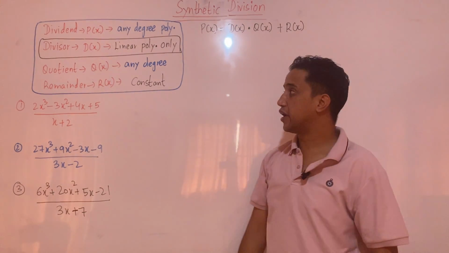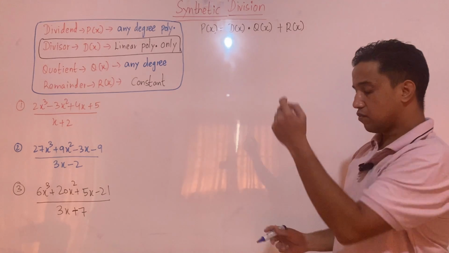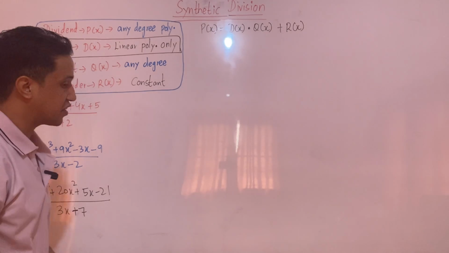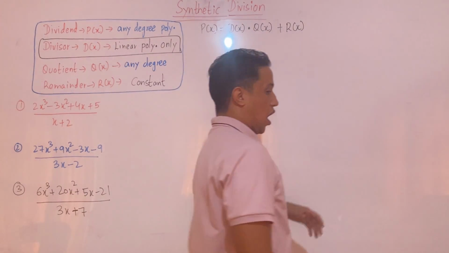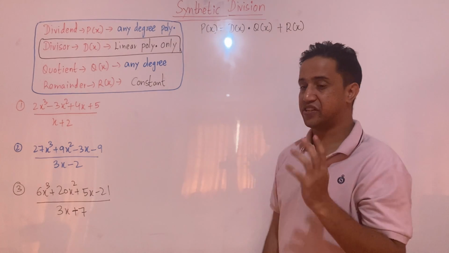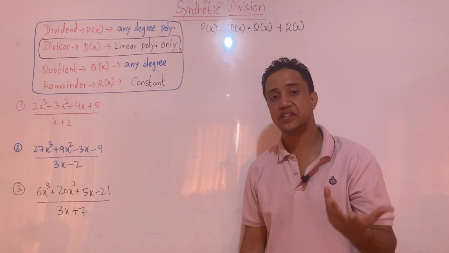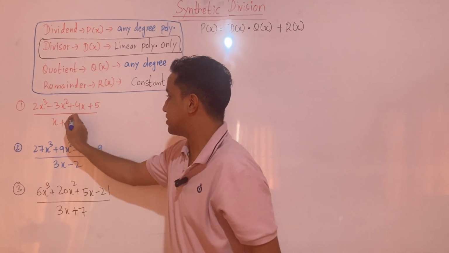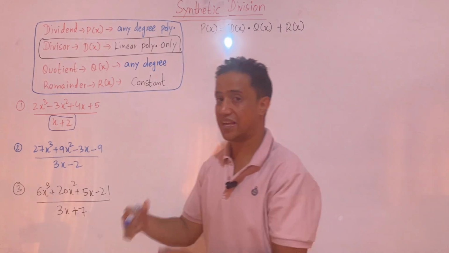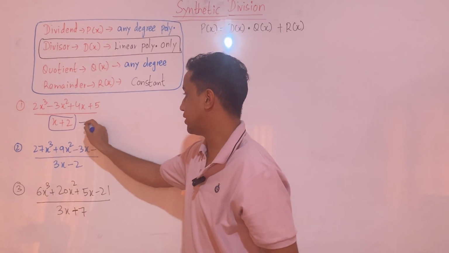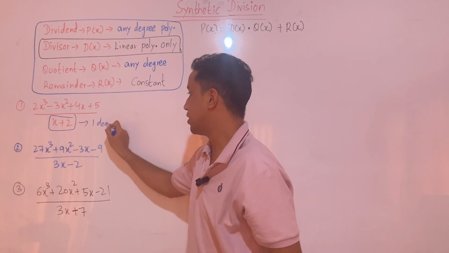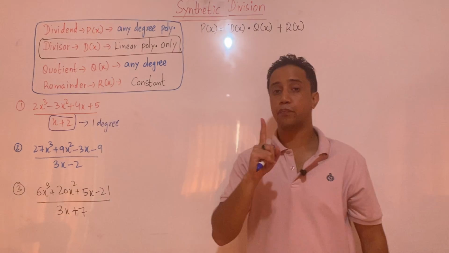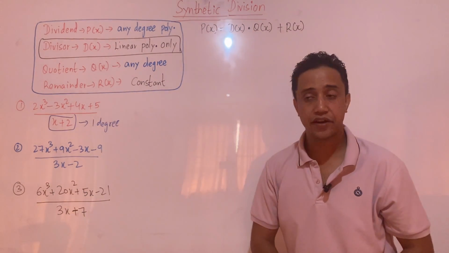Now, in synthetic division, the main condition is that the polynomial expression in the divisor must be a 1-degree polynomial. 1-degree polynomials we also call linear polynomials.